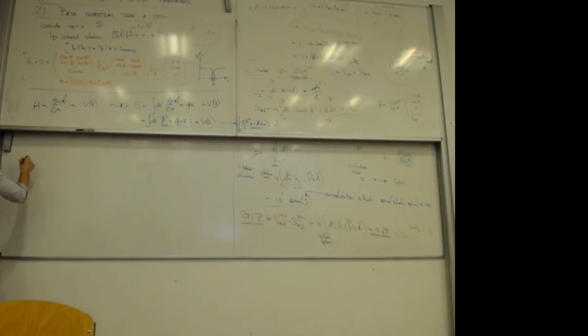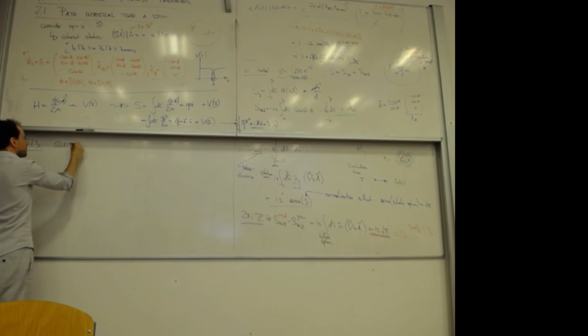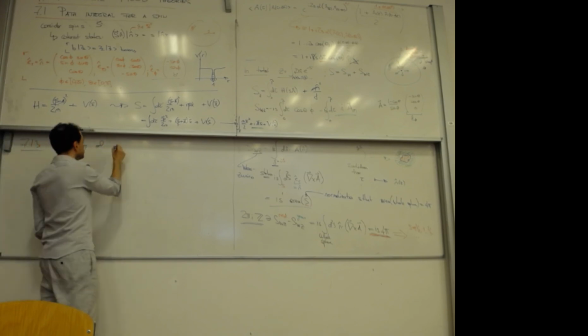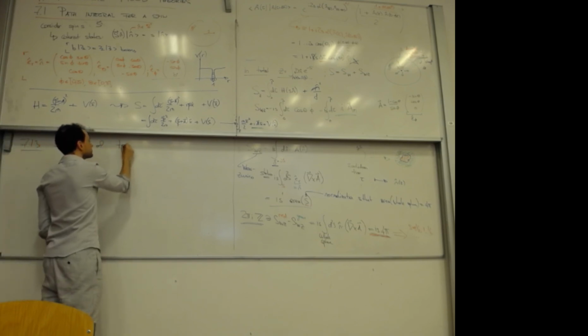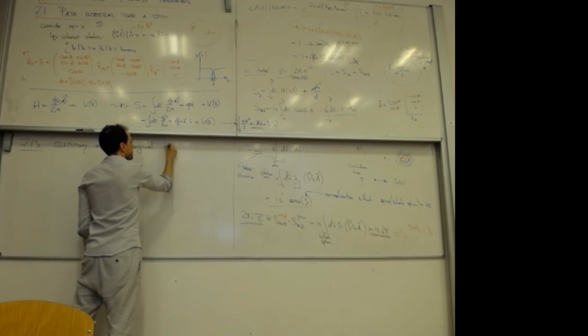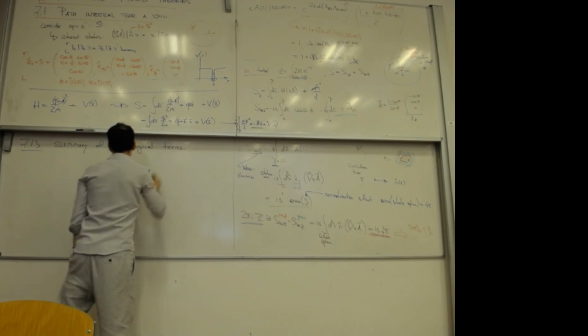Okay, so let me summarize topological terms that you can find in nature, or at least in our description of nature. Summary of topological terms. There will be 3 categories.